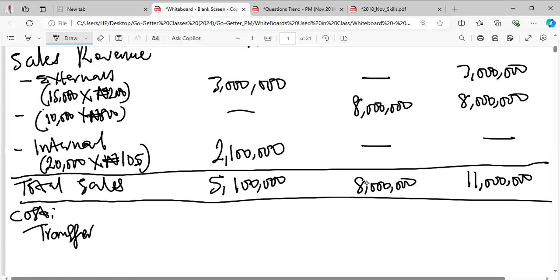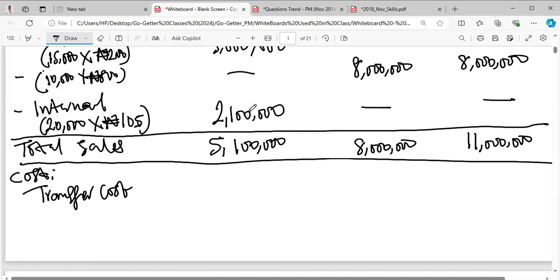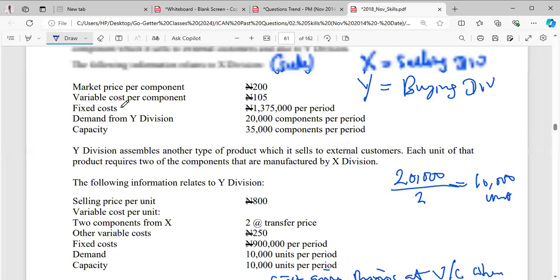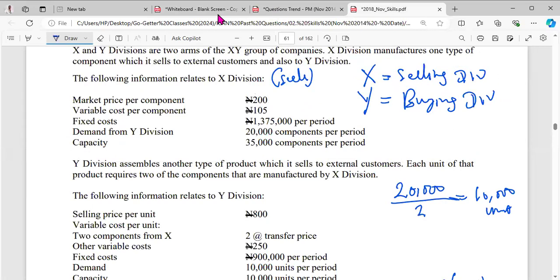Transfer costs. So this 2 million here, that was sold here as sales for X, would be a cost for Y. So that is 2,100,000 to now affect the group. Then we have variable costs.